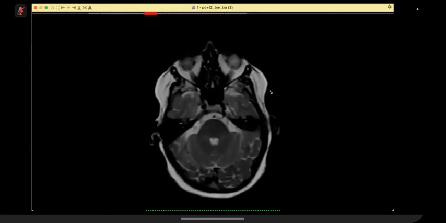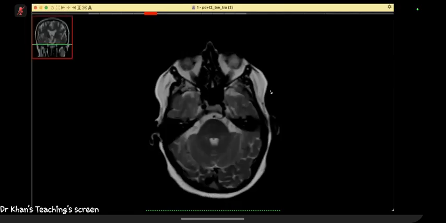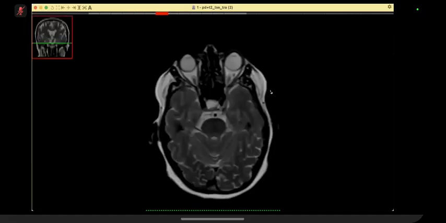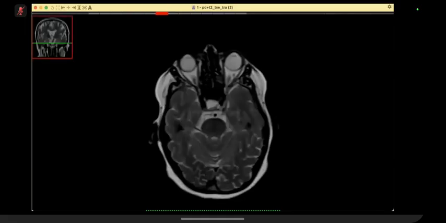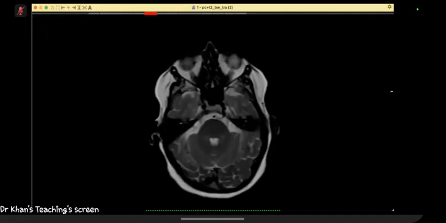Here in the suprasellar cistern, I am focusing on the circle of Willis. I can see in the left side there is an abnormal large vessel, which is communicating the anterior circulation to the basilar artery. I think this is a persistent fetal posterior cerebral artery.